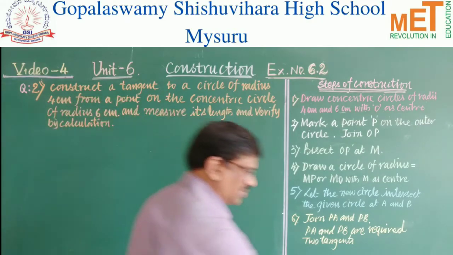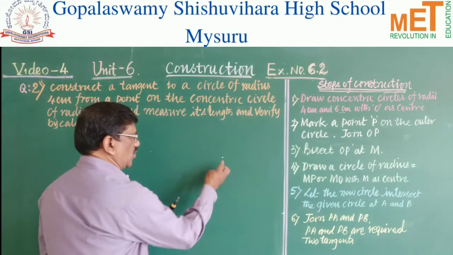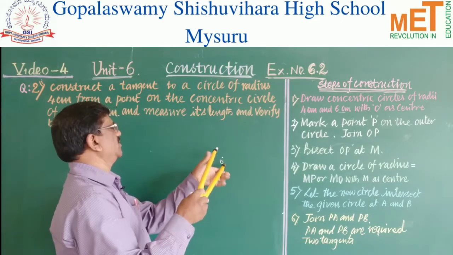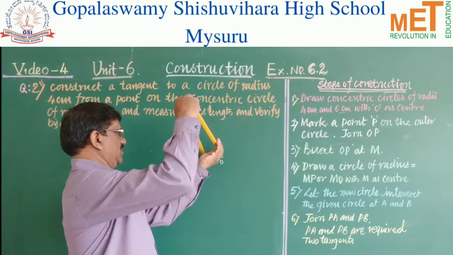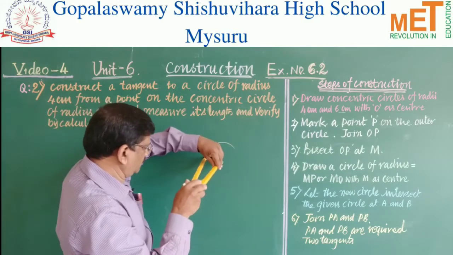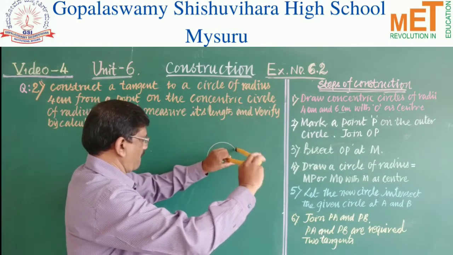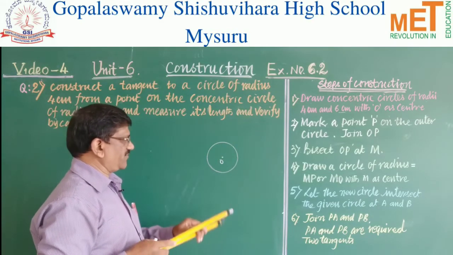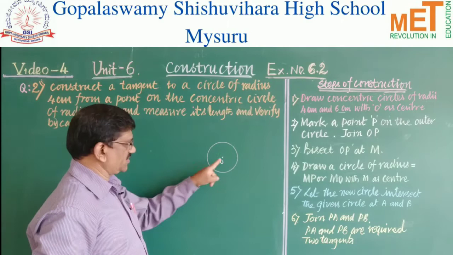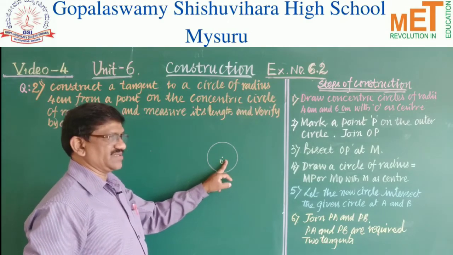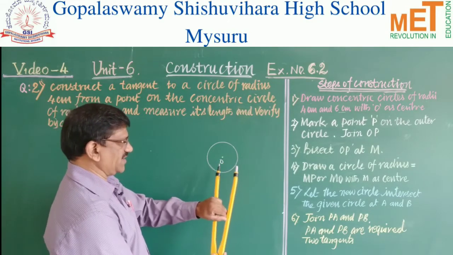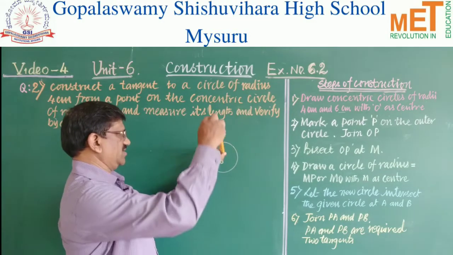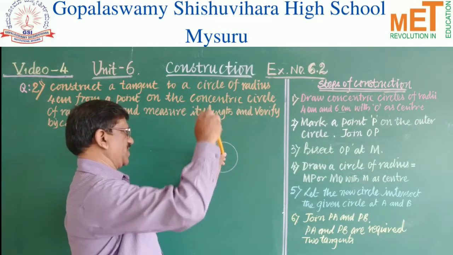If I draw one circle with O as center, this is one circle. If I draw another circle with the same point as center with a different radius, now I change the radius of this circle.